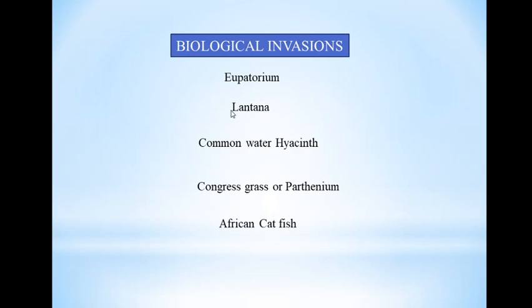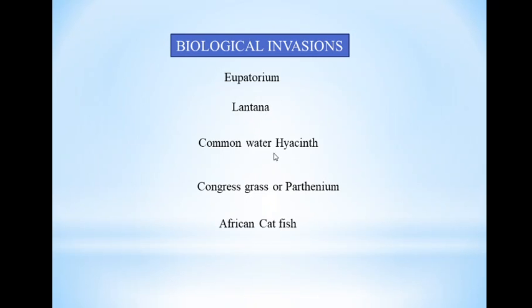Because it grows extensively and makes bushes, the animals cannot move freely. That is the problem, and it also contributes to forest fire, and the local species are also being inhibited by the lantana. That is the problem our biodiversity faces due to the invasive species lantana.